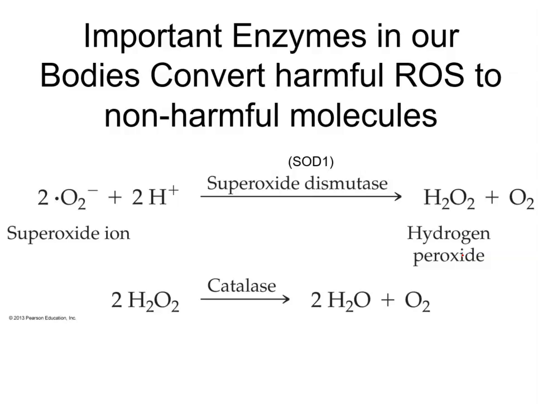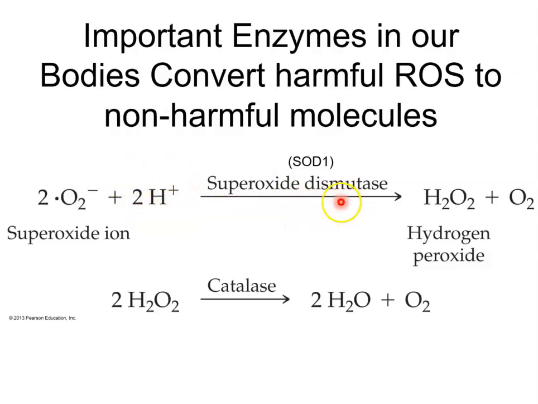There also are enzymes in our bodies that can convert harmful reactive oxygen species to non-harmful molecules. Here's an example where we have the superoxide ion, which is a reactive oxygen species. You notice this one electron here. It's going to be a free radical, and we have two hydrogen ions as well.